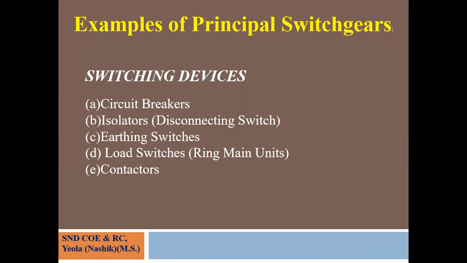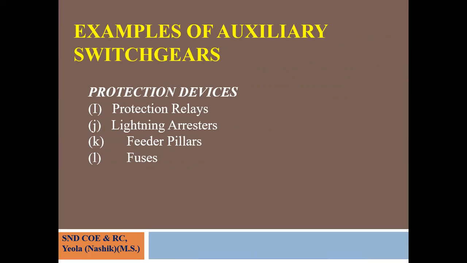Examples of principal switchgears. Switching devices, in which the first is the circuit breaker, the second one is the isolator or disconnecting switch, the third one is the earthing switch, the fourth one is the load switch, and the fifth one is the contactor. Examples of auxiliary switchgear.